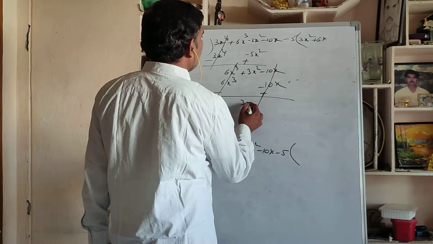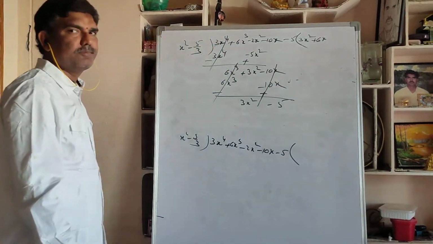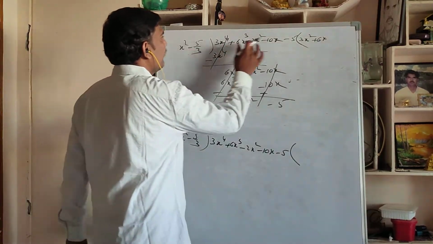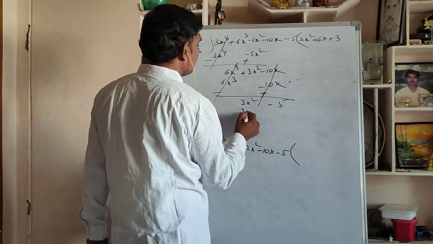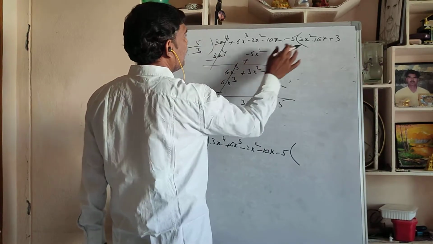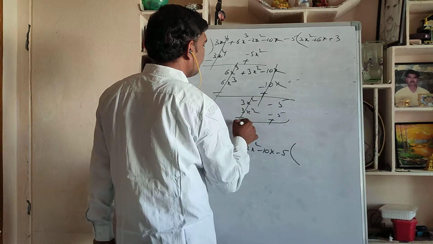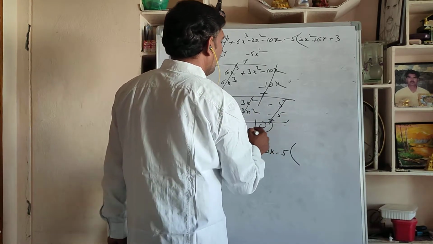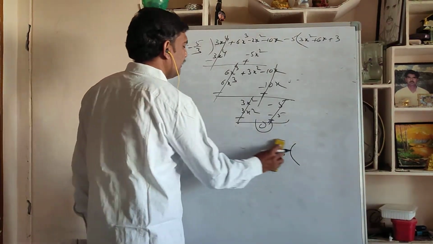What remained here? 3x^2 remained, minus 5 remained. And if you multiply x^2 with 3, you get 3x^2. Minus 5 by 3 with 3 also you get minus 5 only. Minus plus, these two will be cancelled. How much remainder did you get? 0. So what is the quotient?